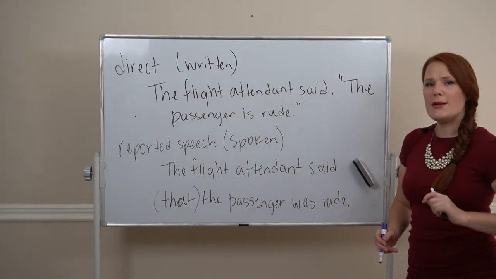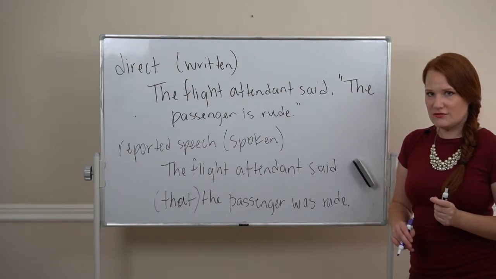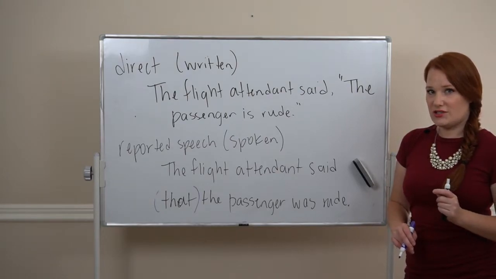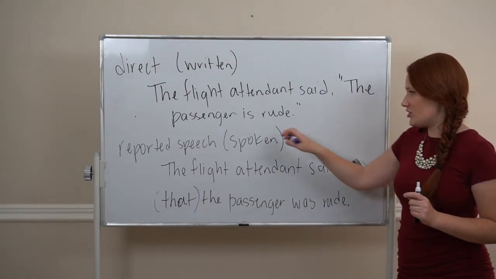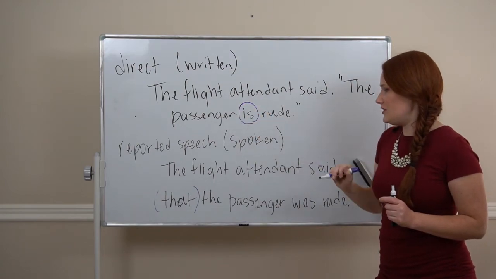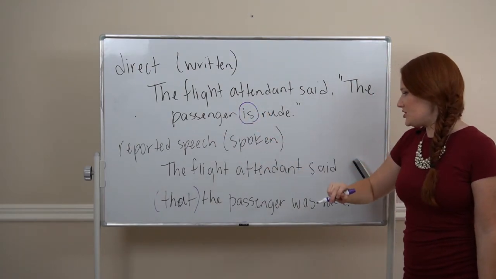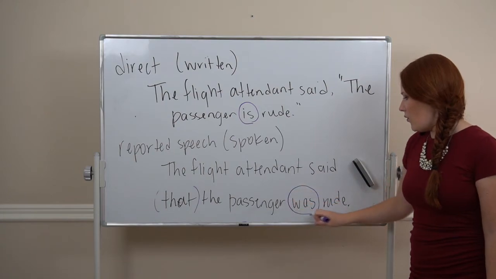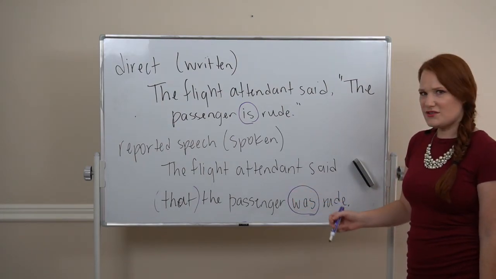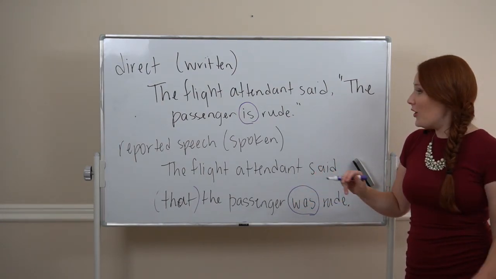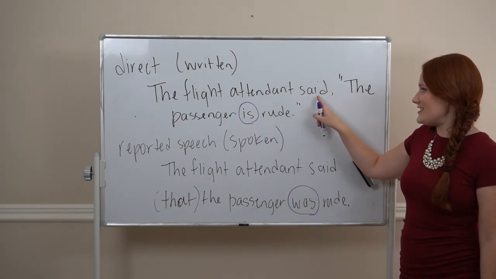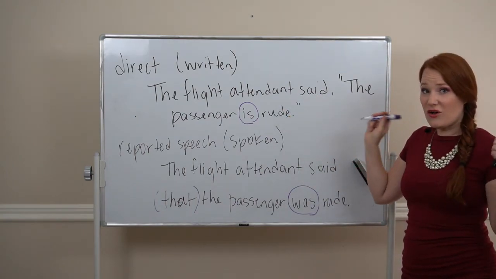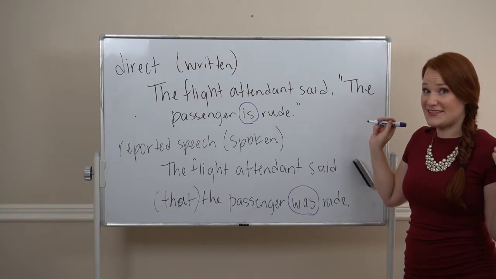There's also one more change. The verb changed. The passenger is rude. In reported speech, we have was. The passenger was rude. Why? Well, the flight attendant said this already happened in the past.